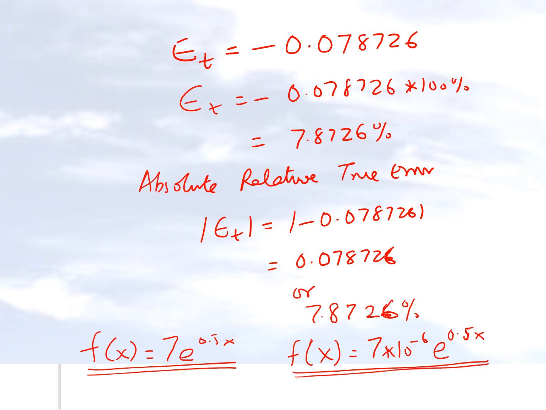They'll differ by 10 to the power minus 6 magnitude. However, so far as the relative true errors are concerned, they will be the same. So that's the power of each of these quantities which are defined, whether you're defining true error or whether you're defining relative true error. So relative true error gives you the relative mechanism of seeing that, hey, how bad your error is. So that's the end of this segment.